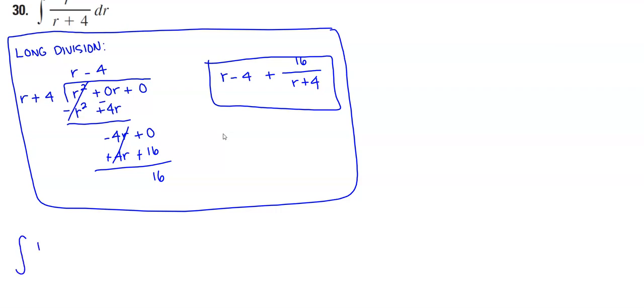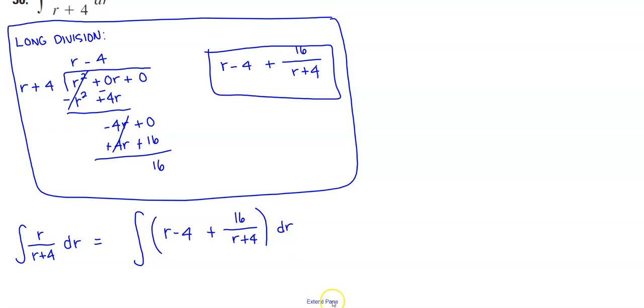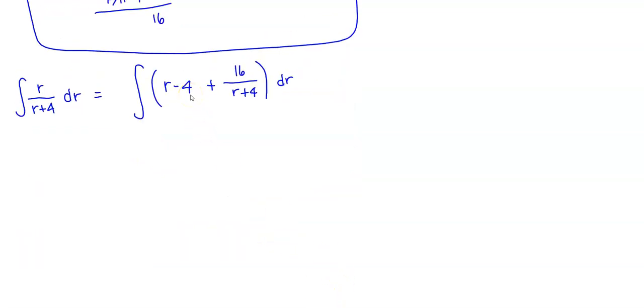So we have r over r plus 4 dr, and now that's going to equal the integral of r minus 4 plus 16 over r plus 4 dr. Okay, and so now what we're going to do is just go ahead and rewrite this with our separate integrals. So we have 1, we have a minus 4, and then we have the 16. So let's go ahead and write this out.